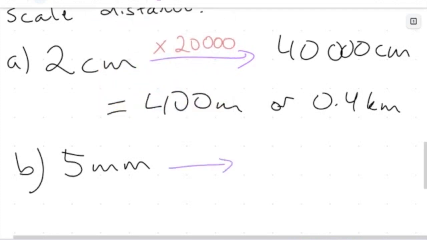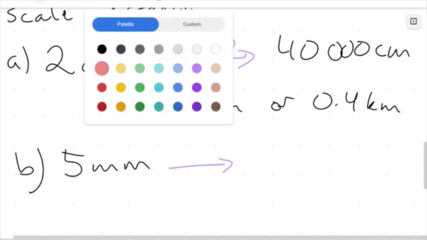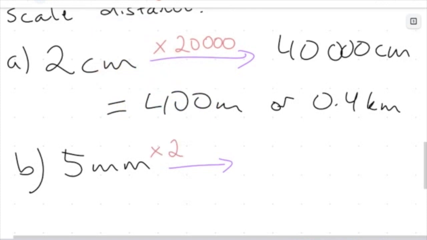I'm going to go from 5 millimeters, and I'm going to multiply this by 20,000. And what I get for my actual distance is just going to be 5 lots of 20,000, which is 100,000 millimeters.